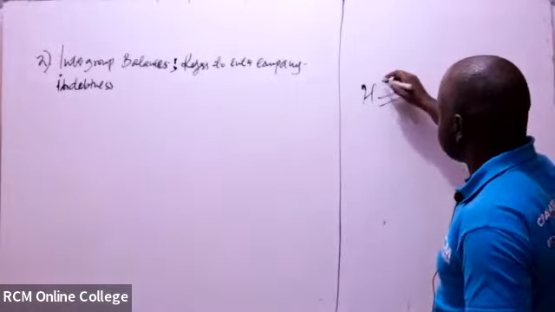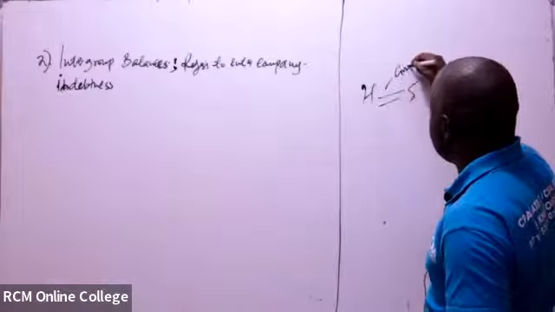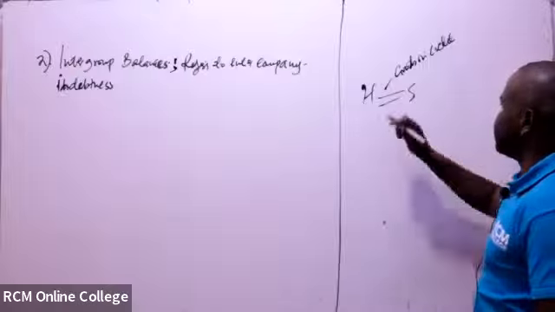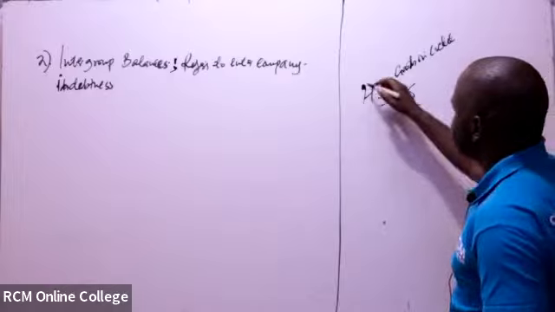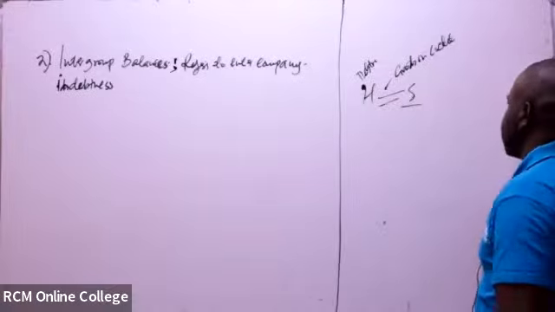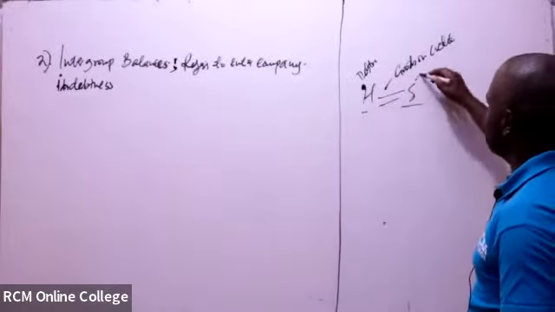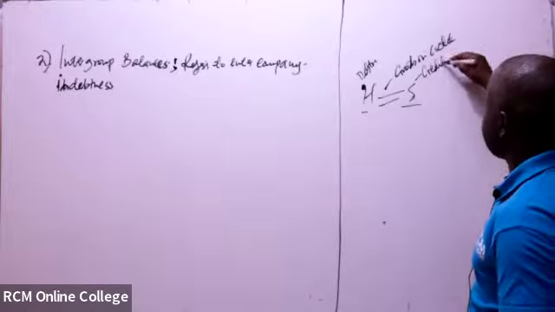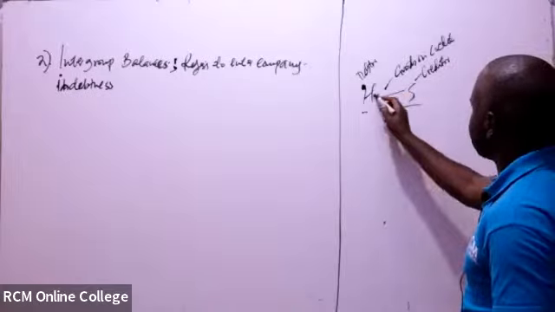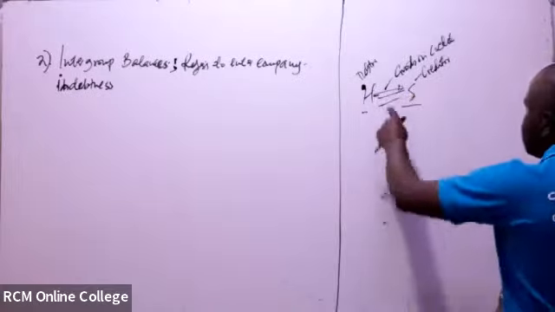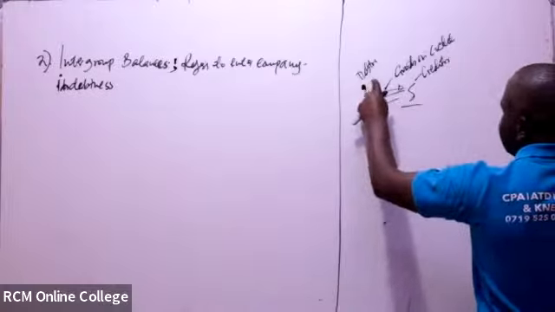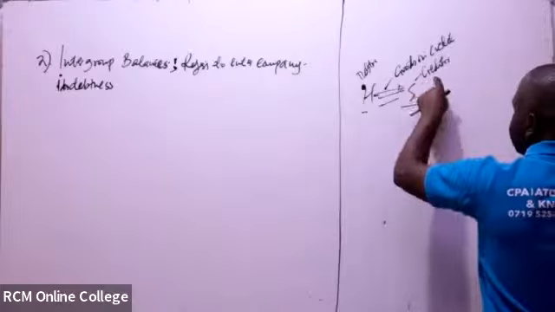Therefore this subsidiary becomes a debtor to this one, and this holding company becomes a creditor to this subsidiary, because this one is the one that sold the goods.